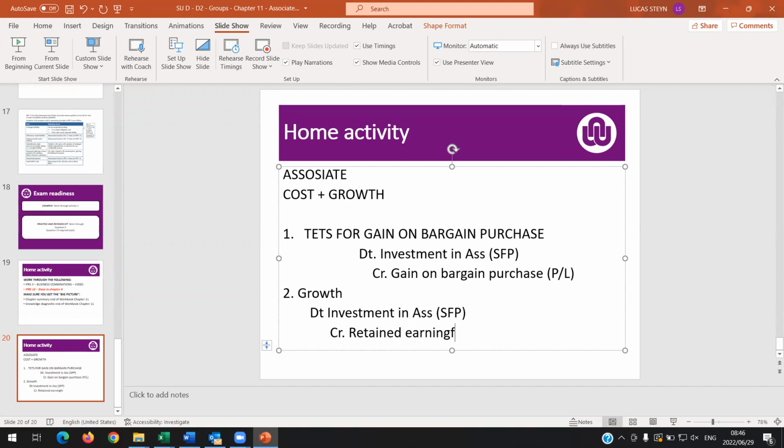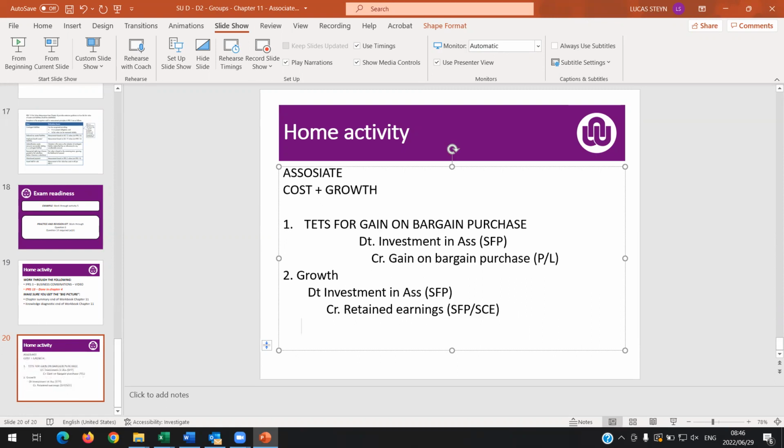And you'll see my aim here of my journals is to bring in the part that is mine, because I'm not seen as in control. The associate does nothing. So because the associate does nothing, I bring in the part that I'm entitled to. So it will be, in my example, the 30% of growth since acquisition date in retained earnings. And this can either be in a statement of financial position or a statement of changes in equity. You can choose which one you use. Both of them are applicable.